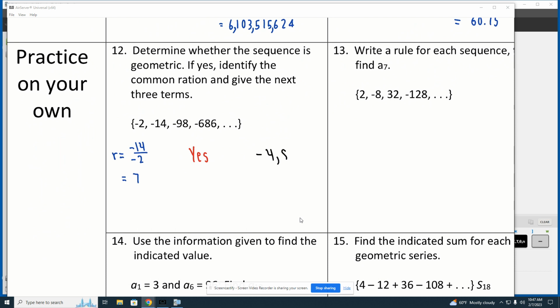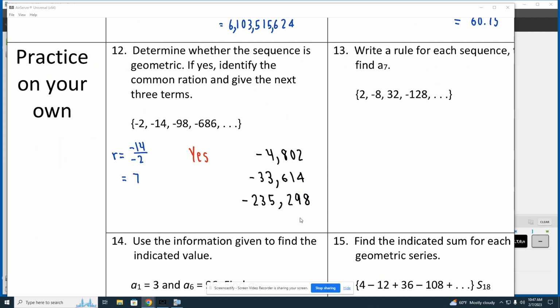Negative 4,802 times 7. Negative 33,614, is that what you said? And then times 7 one more time. Negative 235,298. And there's my next 3 terms.